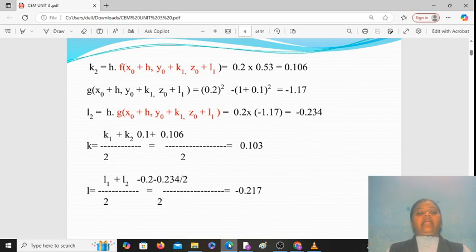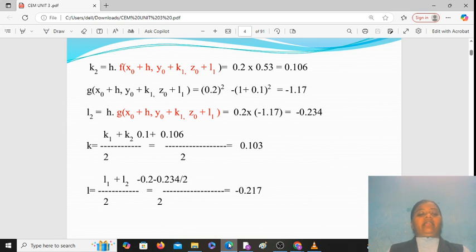Now we calculate L2, which is equal to h into g of x0 plus h, y0 plus k1 and z0 plus L1, which is equal to 0.2 into minus 1.17, which is equal to minus 0.234.